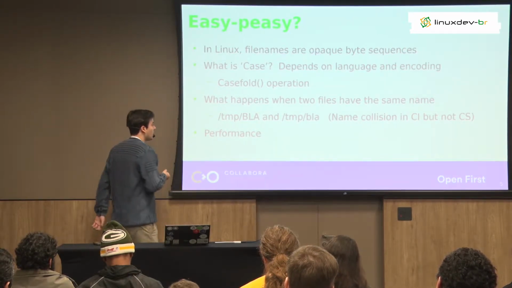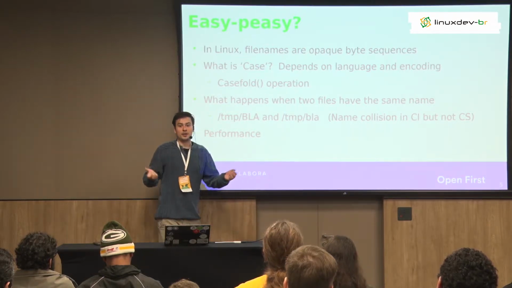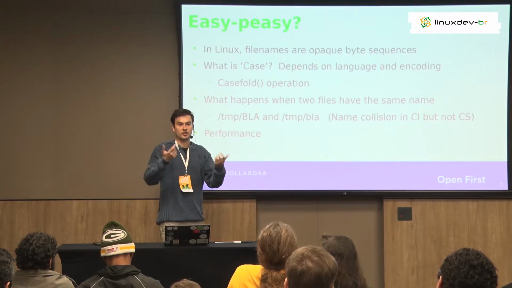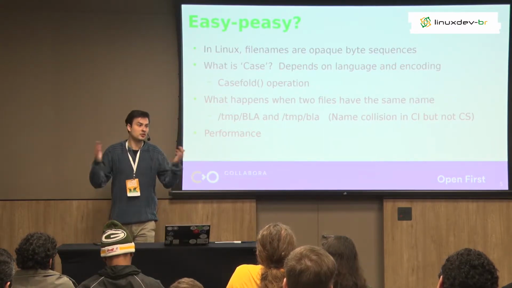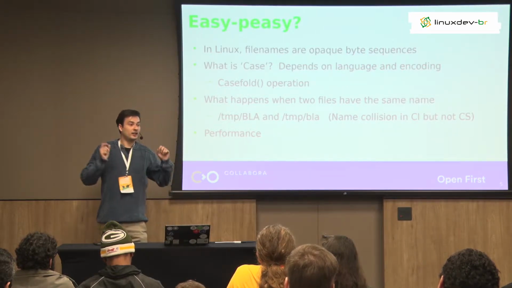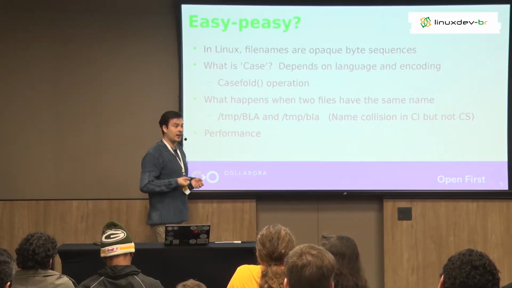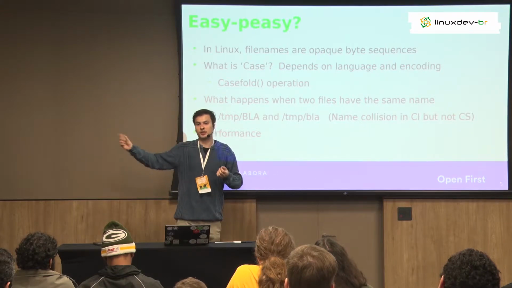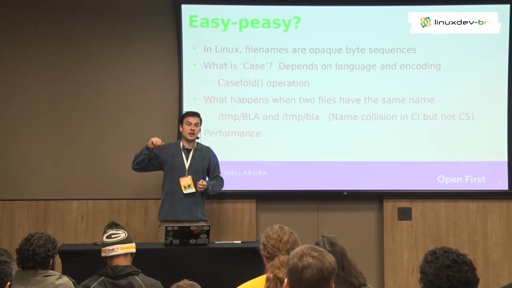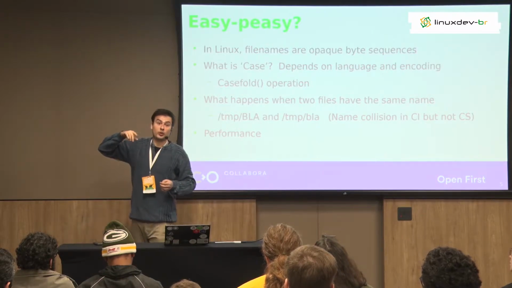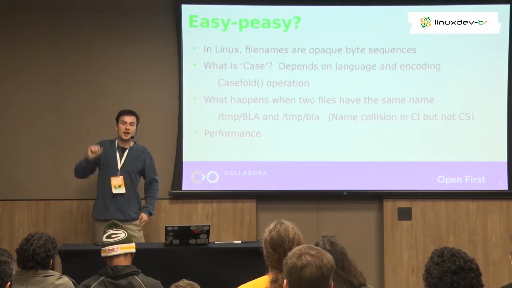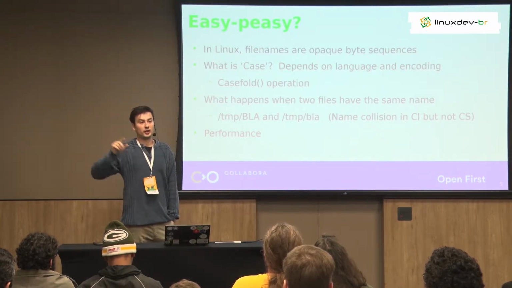And finally, performance. Comparing opaque byte sequences is very easy. Just do a for loop, compare each byte. You can do a lot of optimizations in that, and you are safe. But when I'm comparing by case, I need to compare each version of the case for each character, and make sure that A is the same, that ß, the German eszett, is the same as uppercase SS or lowercase ss.